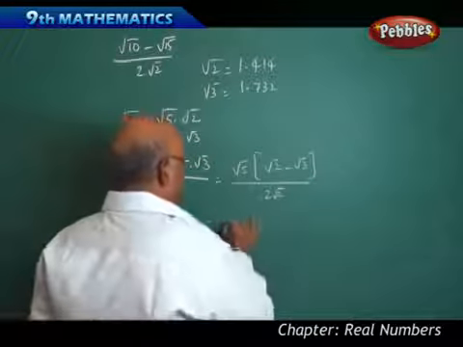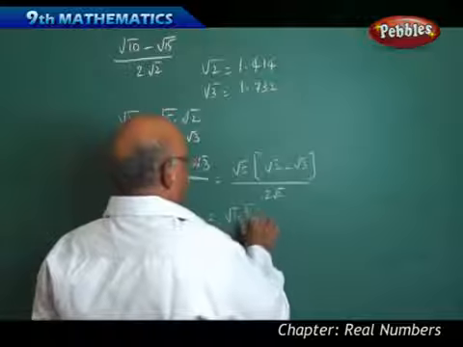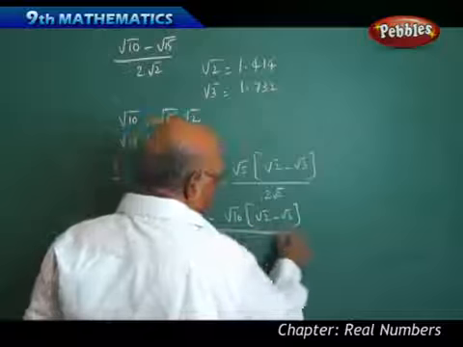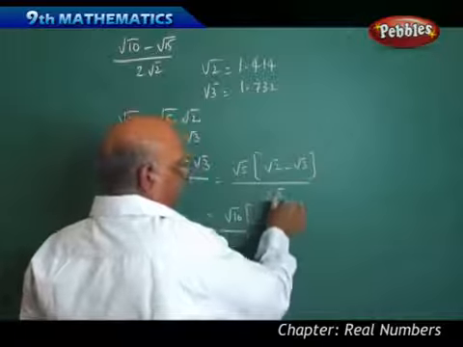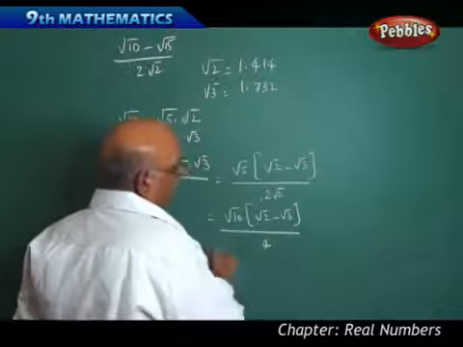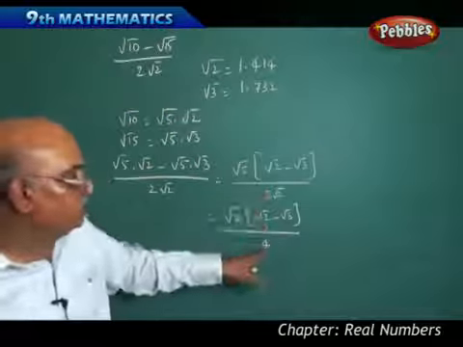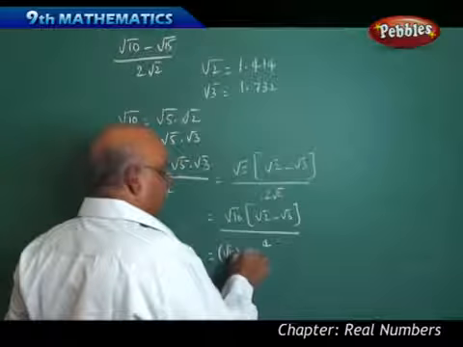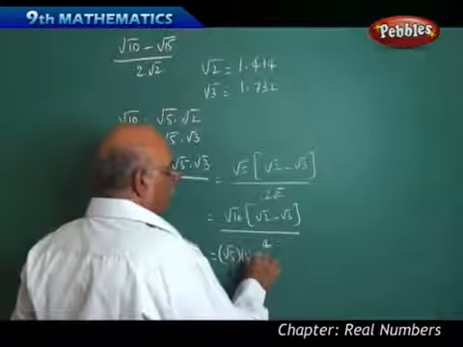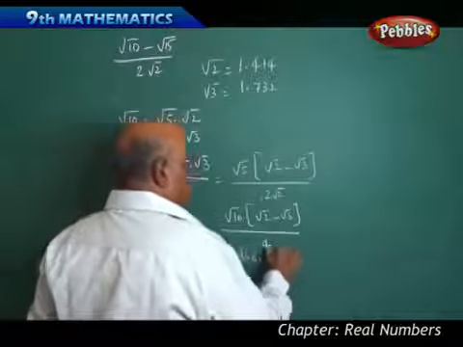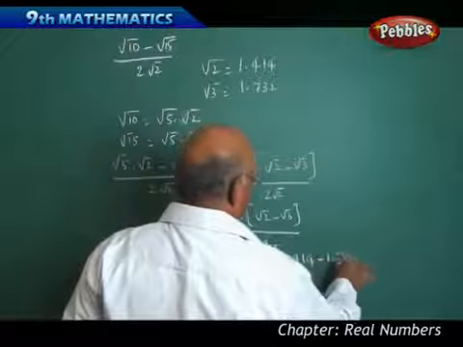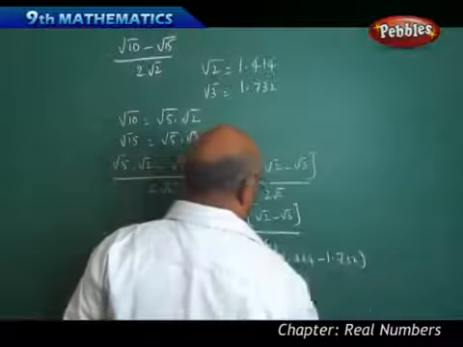So that we are going to get root 5 into (root 2 minus root 3), divided by 2 to the power of 2, which is 4. Root 2 is 1.414, so root 5 into (1.414 minus 1.732), divided by 4.